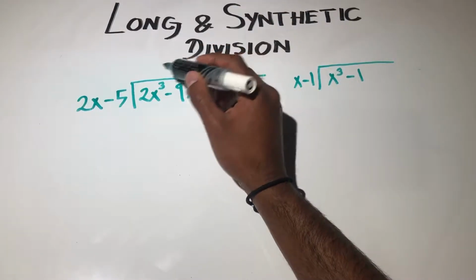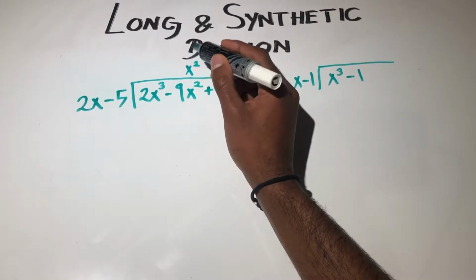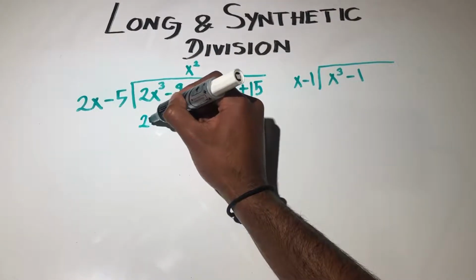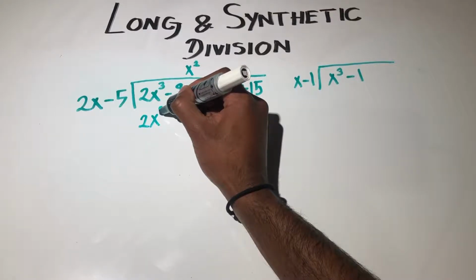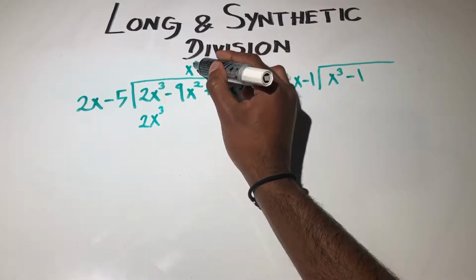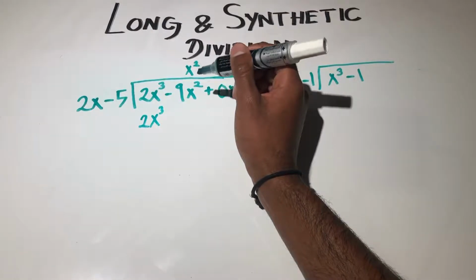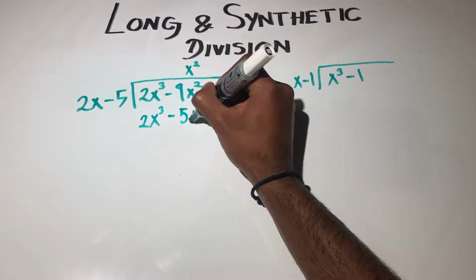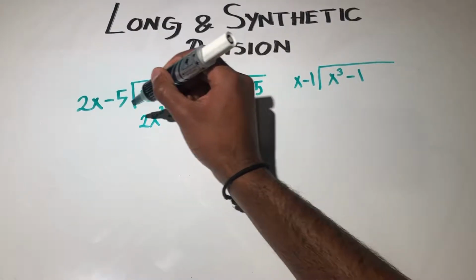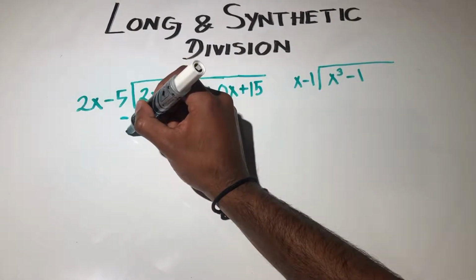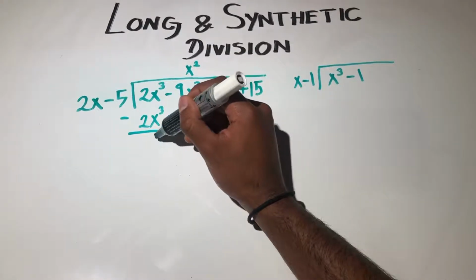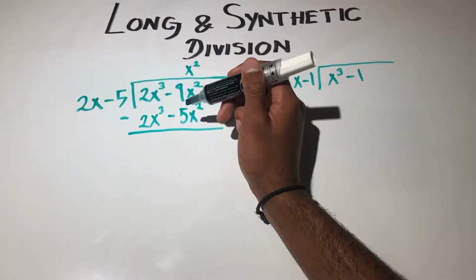And then we're going to take this term and multiply it by the divisor. So x squared times 2x is going to give us 2x cubed. Notice how nothing changes. And then x squared times negative 5 is going to give us negative 5x squared. Then we're going to go ahead and subtract. 2x cubed minus 2x cubed, that's just going to give us 0, so we don't have to write that.